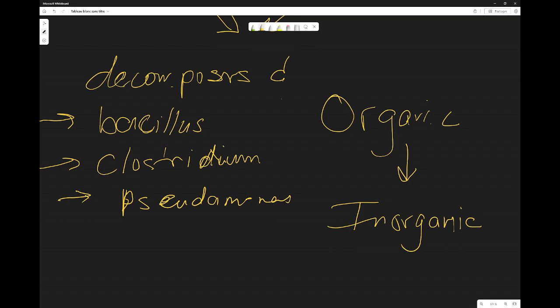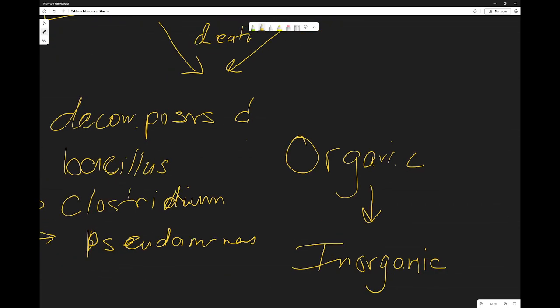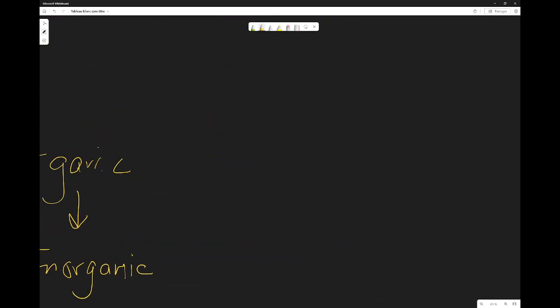Now, we also have some other organisms that help out within decay, which would be our saprophytes. Our saprophytes are a bit different.